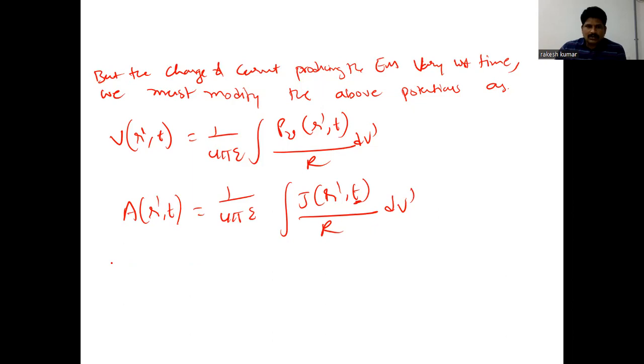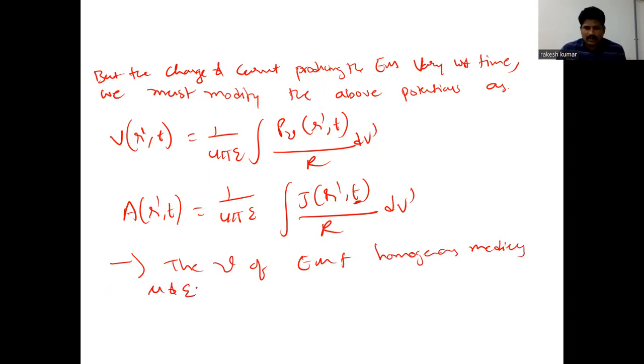The velocity of the electromagnetic field through any homogeneous medium can be described in terms of mu and epsilon, permeability and permittivity. It is given as velocity is equal to 1 by root of mu into epsilon.